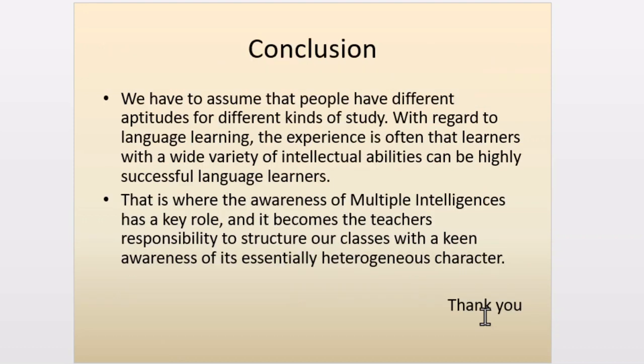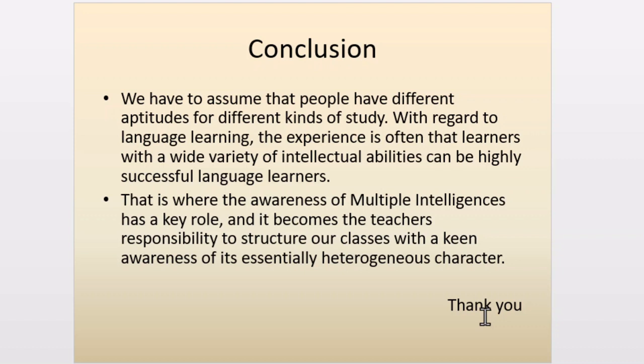And to conclude, we have to assume that people have different aptitudes for different kinds of study. That's also there. With regard to language learning, the experience is often that learners with a wide variety of intellectual abilities can be highly successful language learners. So that is where the heart of the whole argument lies. As English language teachers, we are addressing learners of different needs.